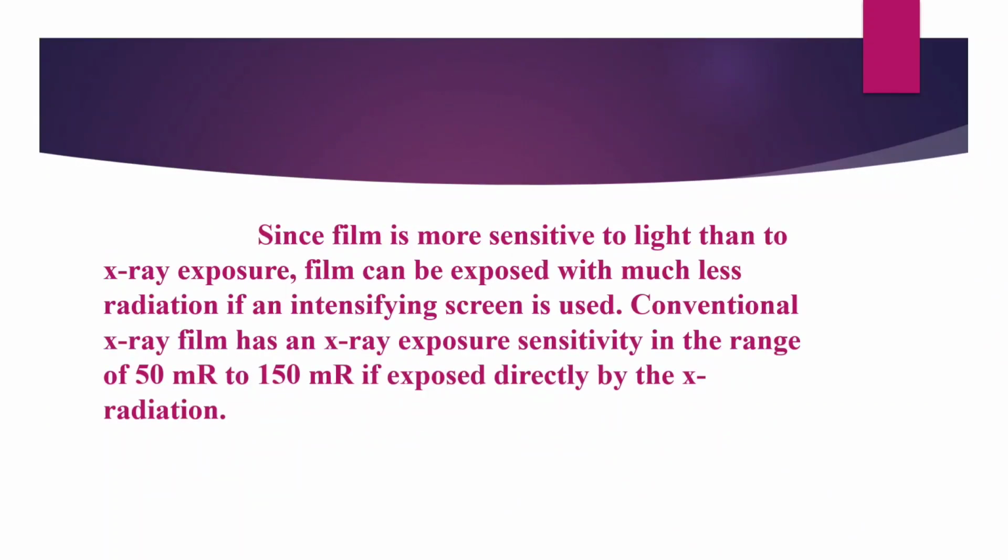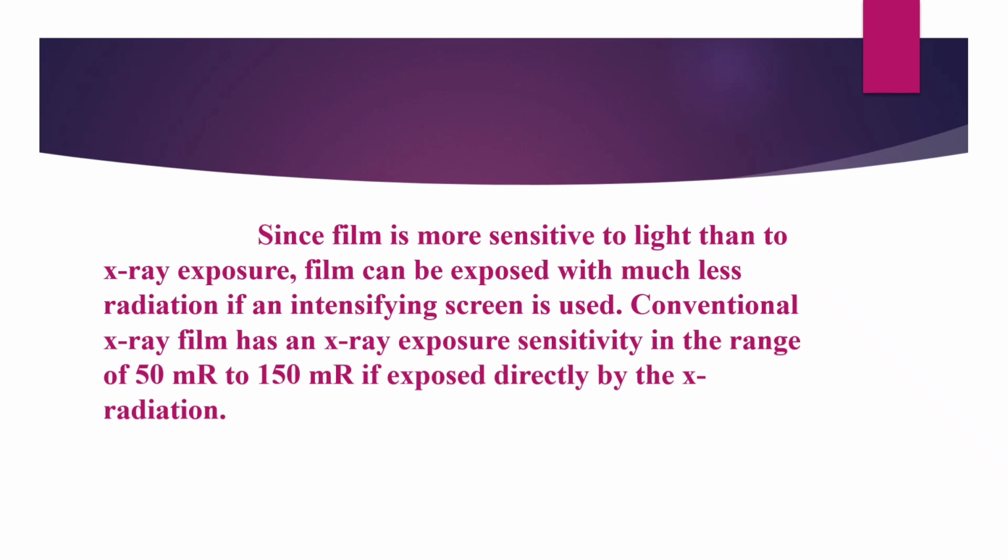Now let's see the explanation. Since film is more sensitive to light than to X-ray exposure, film can be exposed with much less radiation if an intensifying screen is used. An intensifying screen cassette means the X-ray photons will be converted into light photons by this intensifying screen.